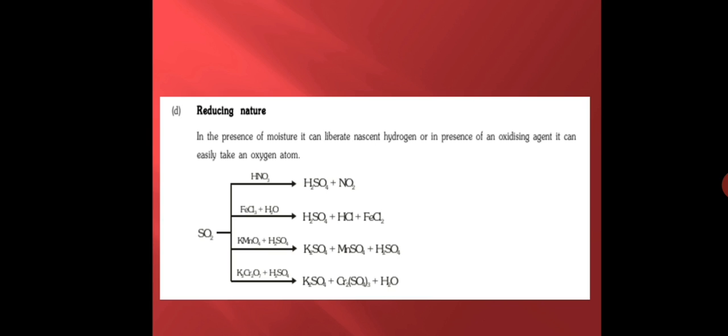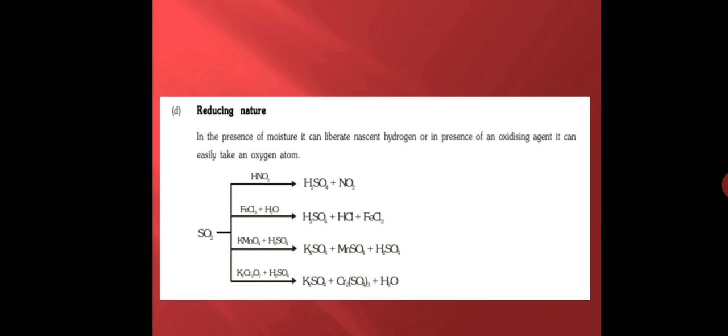Now third reaction, again we see when sulfur dioxide gas is passed through acidified KMnO4 solution. Now KMnO4 solution is pink in color. When SO2 gas is passed, the color of the solution disappears, that is, the color is discharged. This particular reaction is used to detect the presence of SO2.